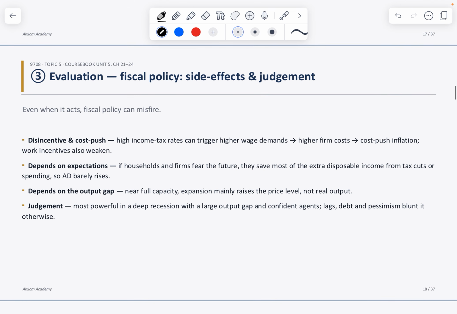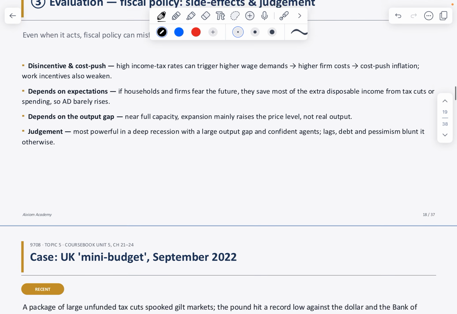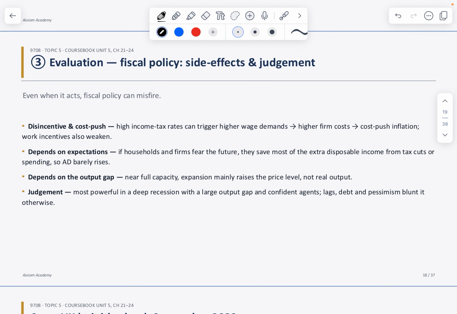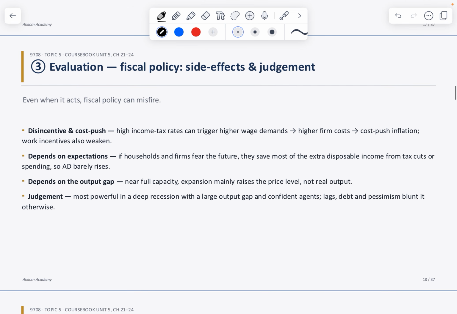And now some evaluation points on why, even if we have fiscal policy implemented, it may not work. We have the disincentive and cost-push factor, which is that higher taxes may cause workers to negotiate higher wages, and this leads to higher costs and cost-push inflation.